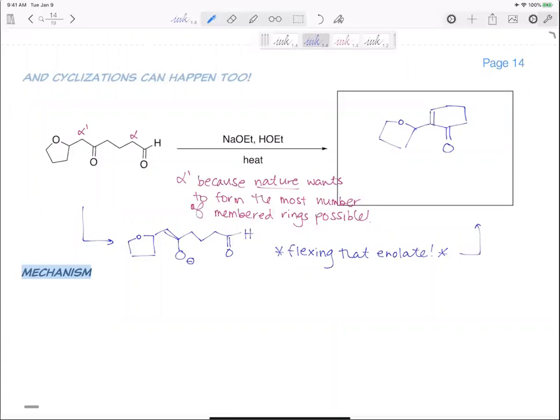Right here. Okay, so remember, why do I want to form more member rings is exactly what Jaden says, because you want it to be more stable, right? And if you imagine if you form cyclopropane, cyclobutane, right? All these are really strained molecules, so you don't want to form those. 5 member rings are a good way to start, 5, 6, 7, right? Nothing more, nothing less.